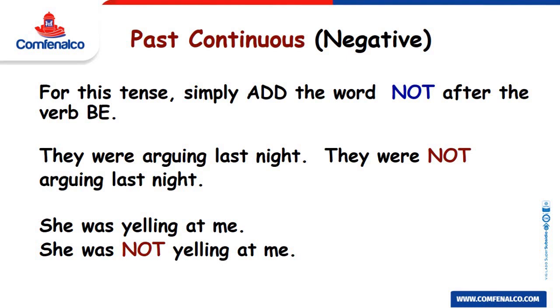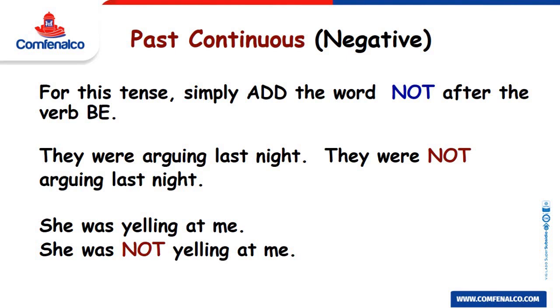Let's see some example. They were arguing last night. Ellos estuvieron discutiendo anoche. Now, the negative form. They were not arguing last night. Ellos no estuvieron discutiendo anoche. Another example. She was yelling at me. Ella me estuvo gritando. Okay. She was not yelling at me.